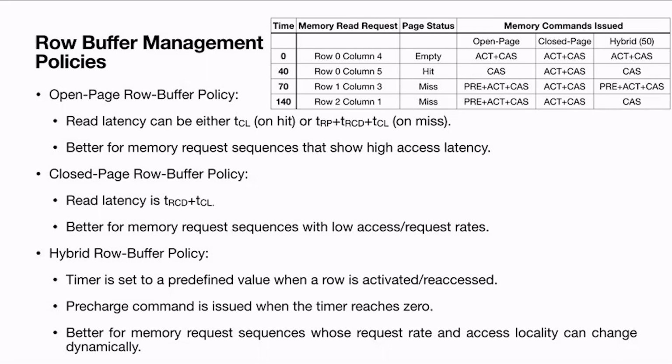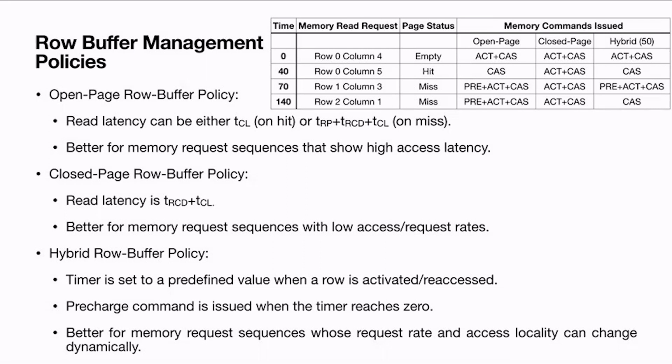At 70, we have a request to another row, so we have to close this and perform a pre-act, incurring pre-act-cast latency. Again this row stays open, but at 140 there is a request for another row, so again we incur pre-act-cast in the open page policy.